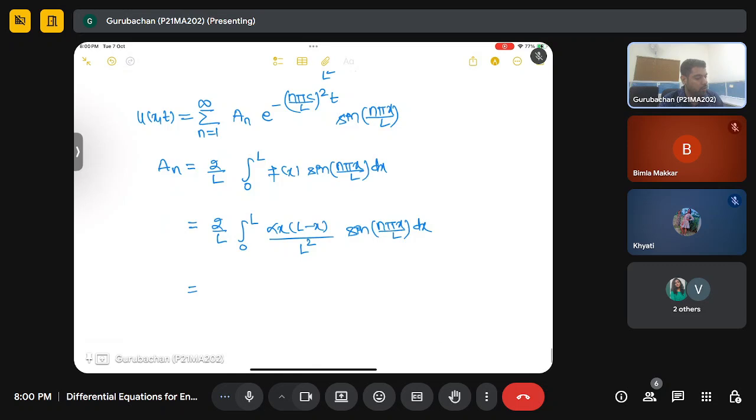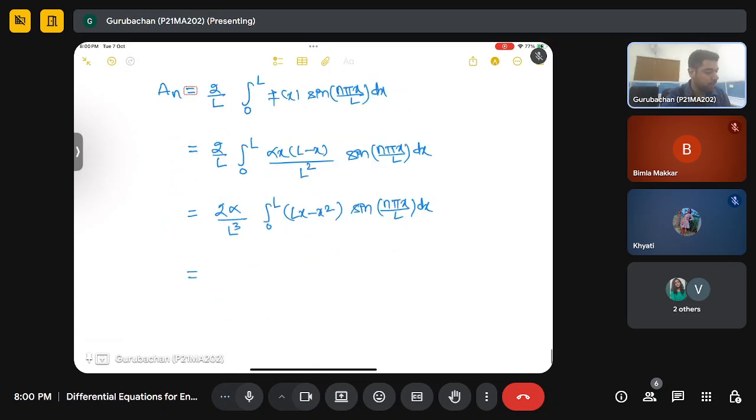So from here you will get 2 alpha divided by L cube, integral 0 to L of (Lx minus x square) sine n pi x by L dx.